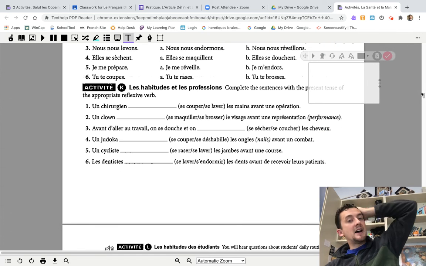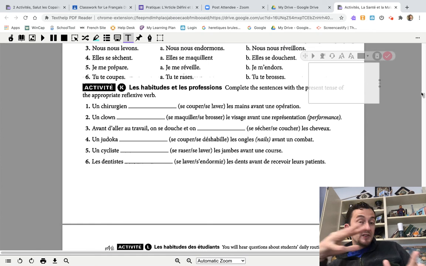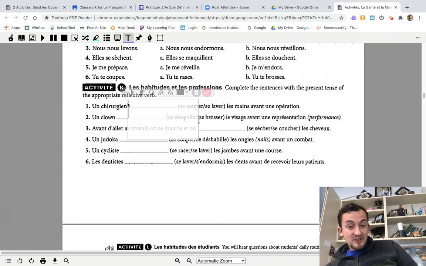Activité K, les habitudes et les professions. Complete the sentences with the present tense of the appropriate reflexive verbs. So number one, we're doing present tense. It's un chirurgien, which is a surgeon, se coupe or se lave les mains avant une opération. Which one does he do?